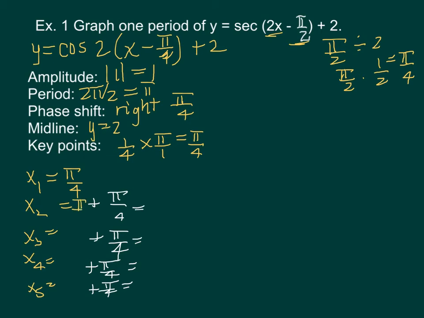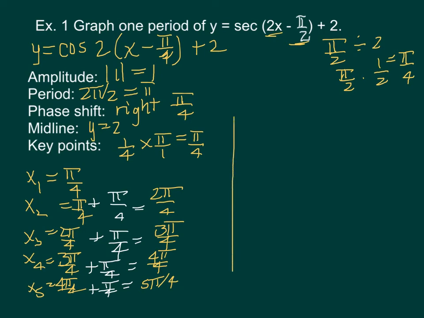So pi over 4 plus pi over 4 is 2 pi over 4. 2 pi over 4 plus pi over 4 is 3 pi over 4. 3 pi over 4 plus pi over 4 is 4 pi over 4. And 4 pi over 4 plus pi over 4 is 5 pi over 4.